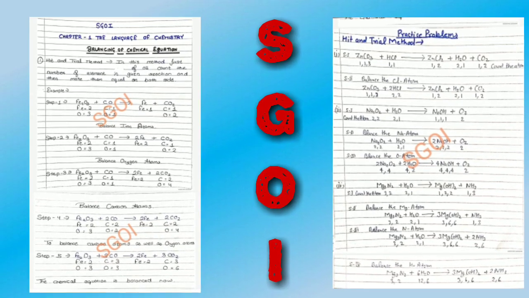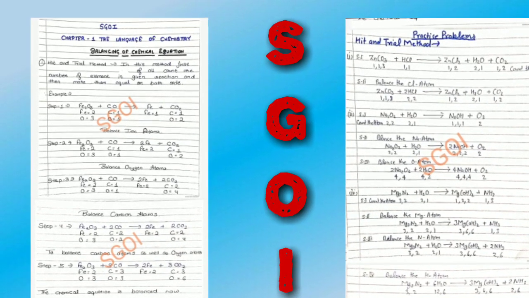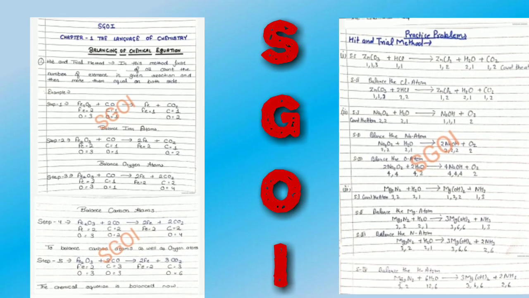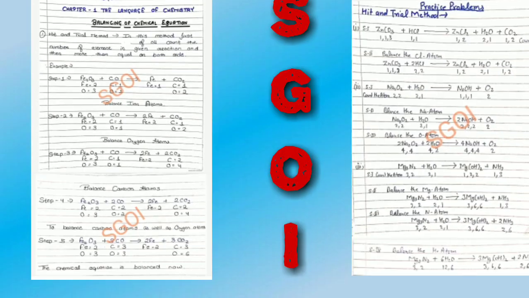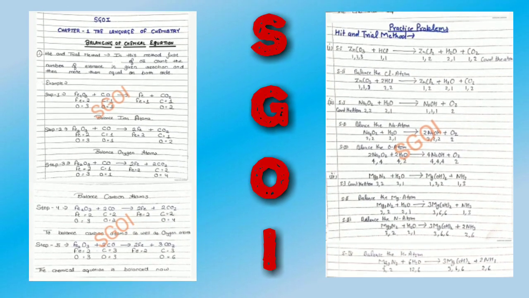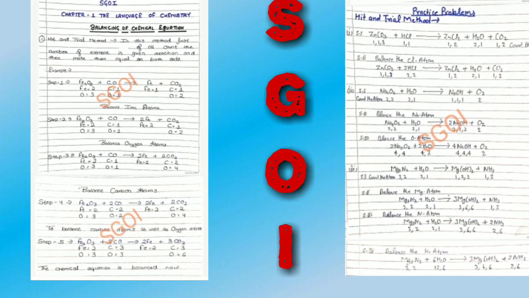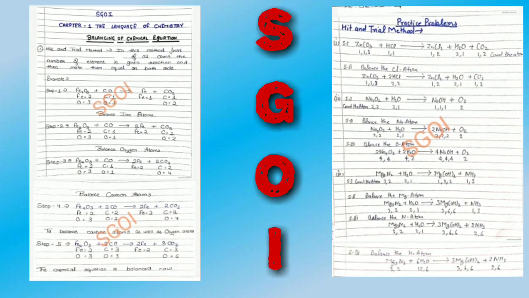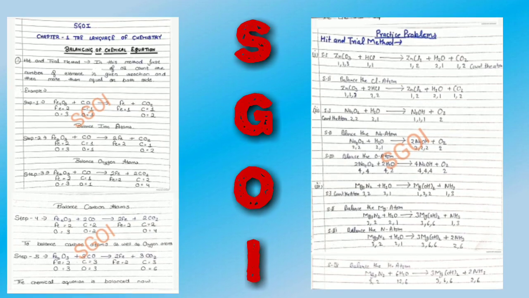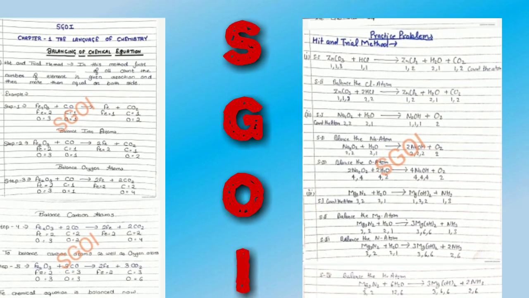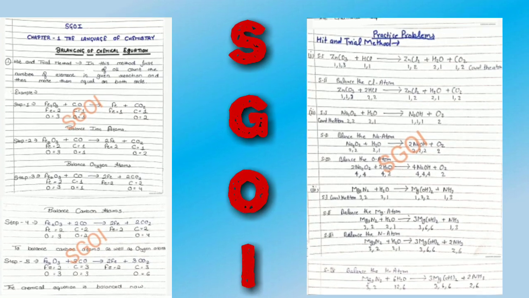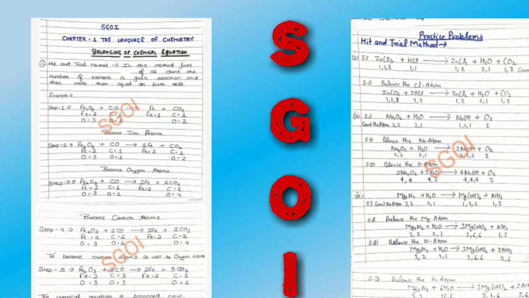Student, I am giving you some practice problems from the previous lecture by the hit and trial method. That is 5 questions for balancing by this method. Number 1 is ZnCO3 + HCl gives ZnCl2 + H2O + CO2.